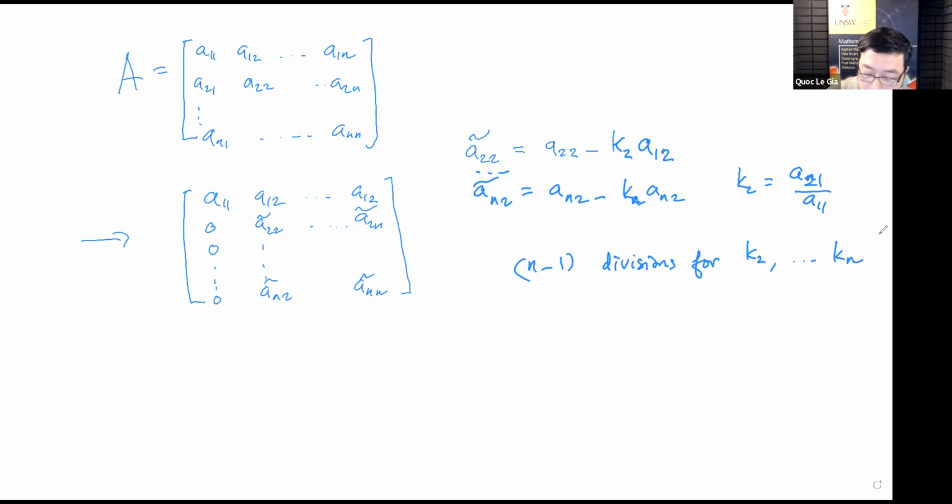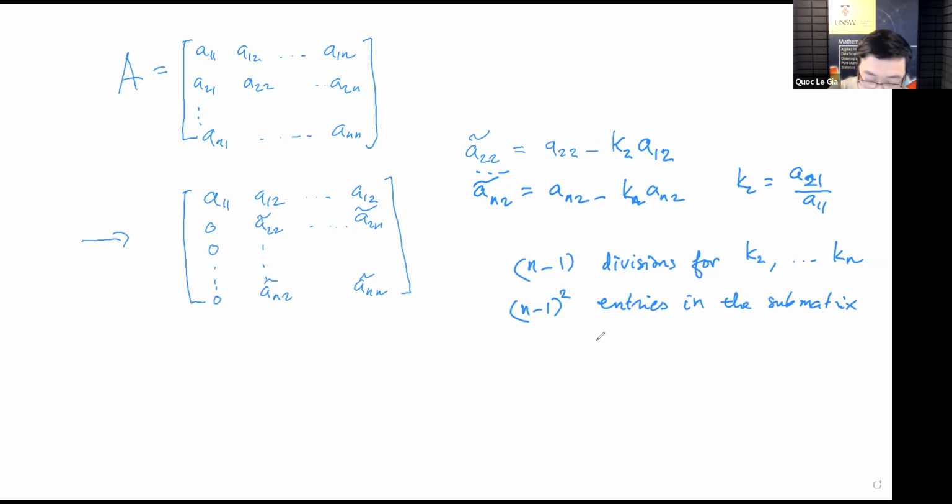And now you need how many multiplications and how many subtractions? Totally, how many entries do you have in this submatrix? You have n minus 1 squared entries in this submatrix, right? And for each entry you need 1 subtraction and 1 multiplication.